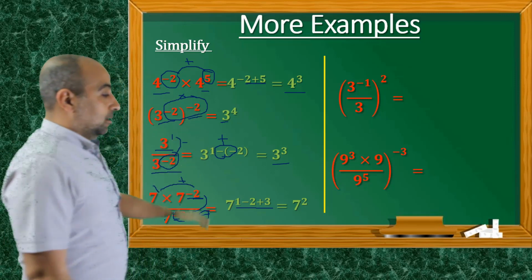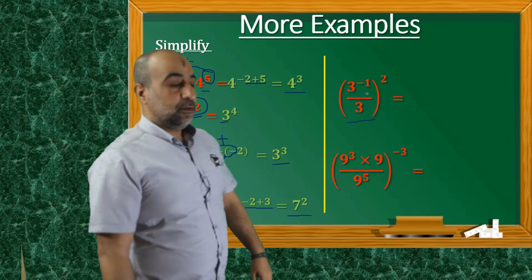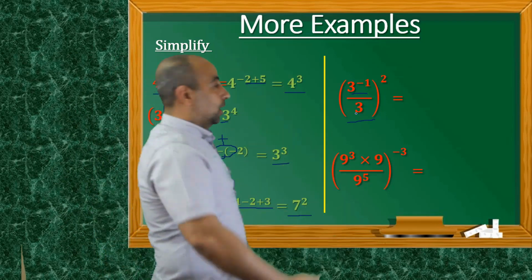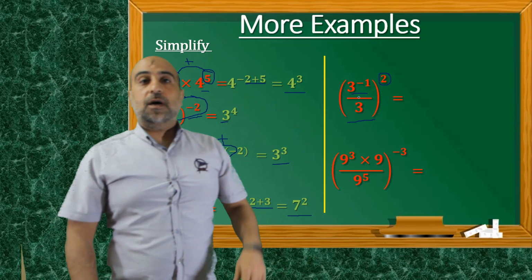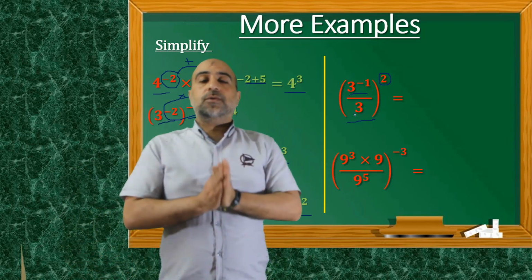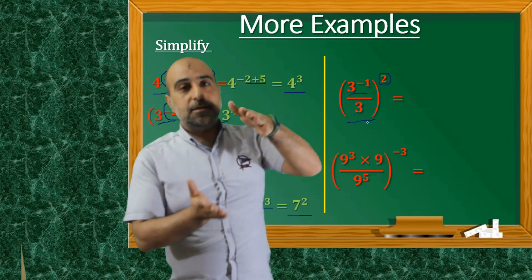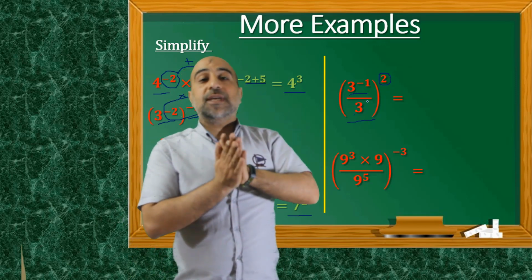Now, the next example. 3 to the power of negative 1 over 3, all, don't forget all, to the power of 2. Now, the numerator's base is 3, the denominator's base is also 3, then we will find the difference between the two powers because it's a division.